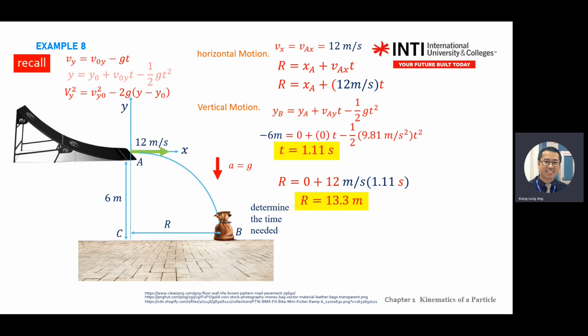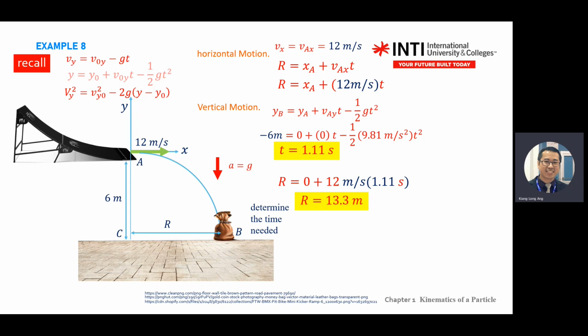Any questions so far? The procedure is always the same. Look for the coordinate system: where is positive, where is negative. Then every time you see a projectile question, or something falls from somewhere, or you throw something from somewhere, it falls under a projectile question. For a projectile question, straight away break all the components into X and Y, then break your solution into left-hand side and right-hand side.